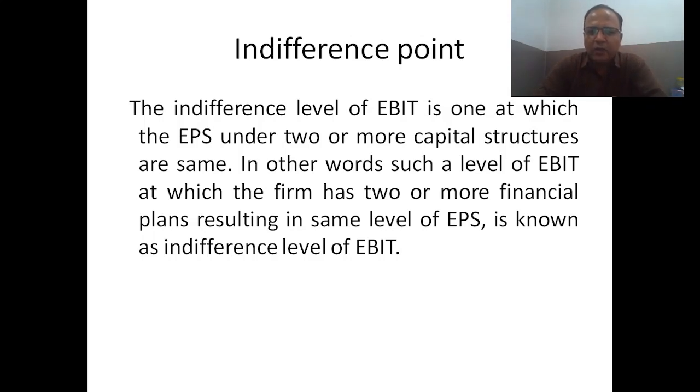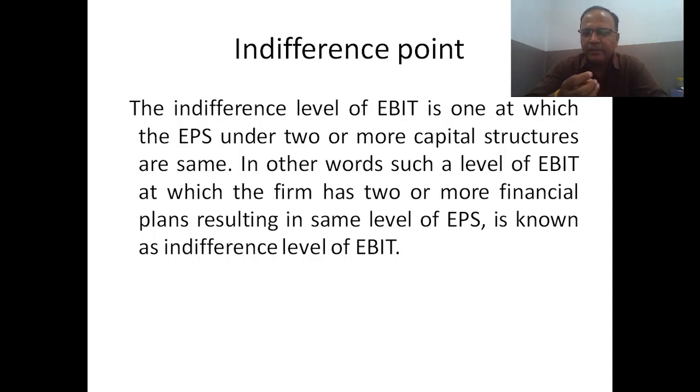Now, if you had to calculate indifference level of EBIT, then you had to find out a point of EBIT where EPS will be same. It means if we collect rupees 50 lakh by issue of equity, then EPS will be same, and if we collect rupees 50 lakh by issue of debenture, then EPS will be same.